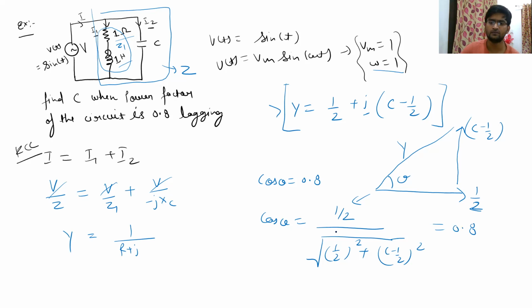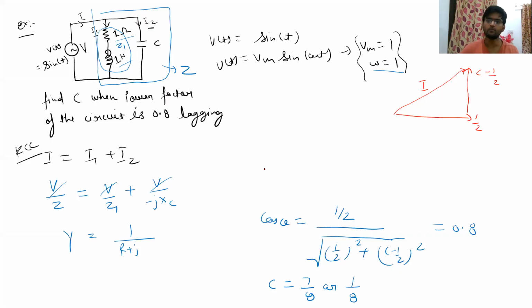So if you solve this equation, you will get your c as either 7 by 8 or 1 by 8, right? Because you are going to get a quadratic equation. Now, since it is clearly mentioned that our power factor is lagging, when is our power factor lagging in a parallel RLC circuit?